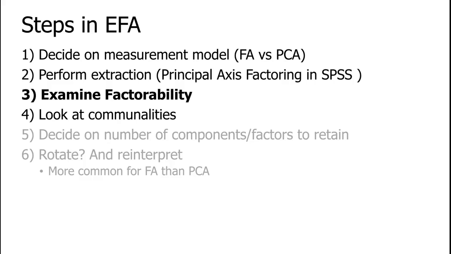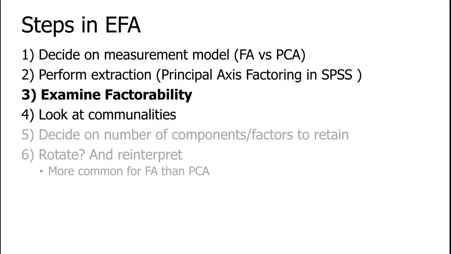And that extraction is nothing more than a button click that represents the choice that you made in number 1. So you get into the data and you say, use an extraction approach that's based in a common factor model, or use an extraction approach that's based in a principal components model. So we've already done those things before we even sat down in front of our data.